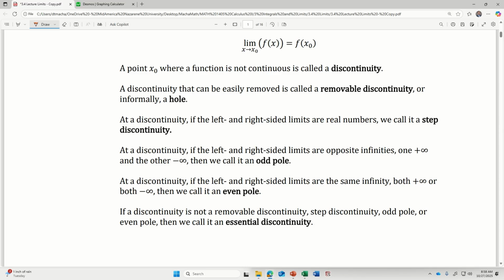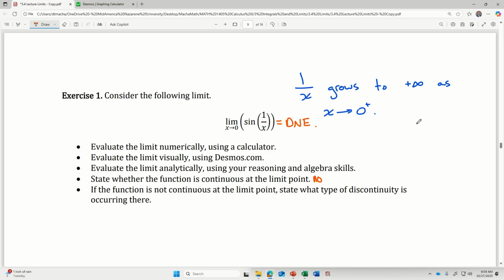Is it a step discontinuity? No, we didn't see a step happening. Is it an odd pole? No, there's no infinities involved. Even pole? Nope, same thing. This must be an essential discontinuity. So this is our first example of what it means to have an essential discontinuity.